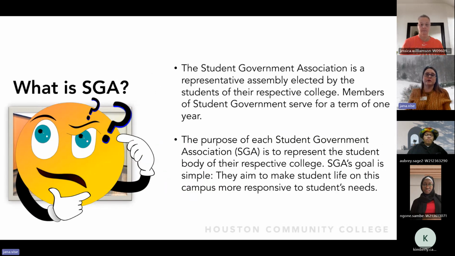So you're probably wondering, what is student government? The Student Government Association are elected by students of their respective college. This will be online college. And you serve for one full academic year, so August to May. The purpose is to represent the student body.